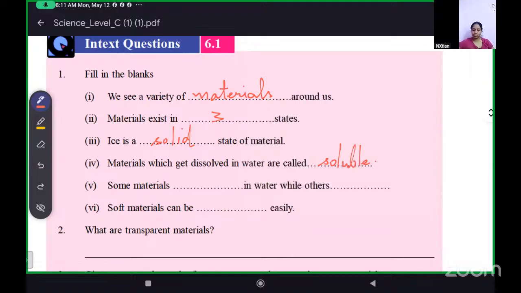Soluble. Okay. Some materials dash in water while others sink. Materials float in water while others sink. Yes. And the last one, soft materials can be compressed easily.